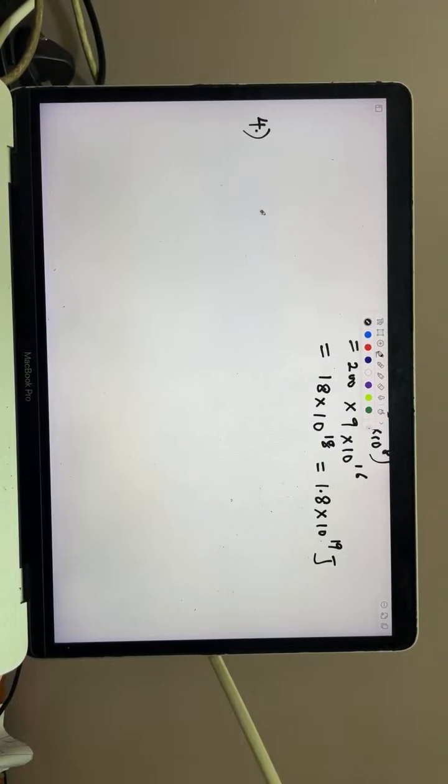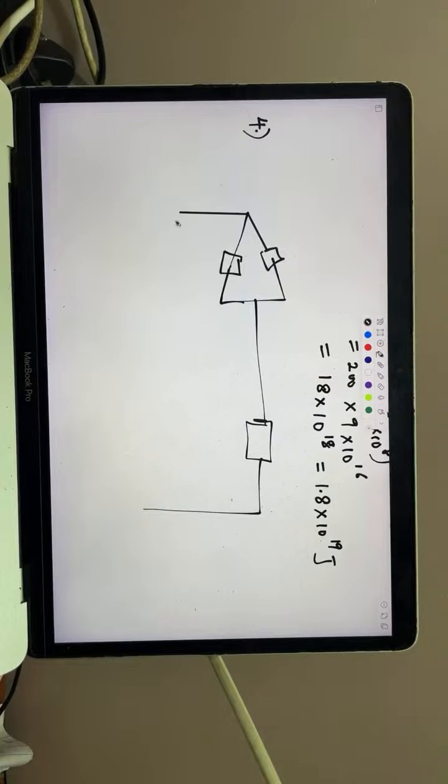Question number 4 says that we have this circuit. I'm just going to sketch something that looks like it. It goes like that, then it goes in this manner.